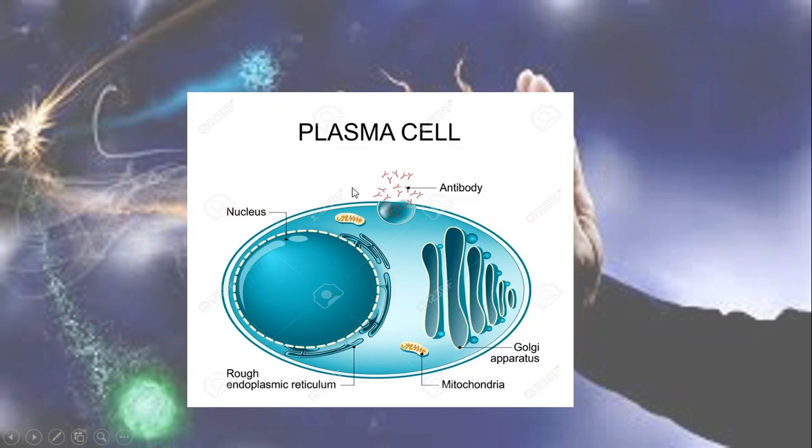This is the plasma cell. When the B lymphocyte is ready to start producing the antibodies, it will be converted into plasma cells characterized by well-developed endoplasmic reticulum and of course Golgi bodies, because these are involved in the production of these proteins.